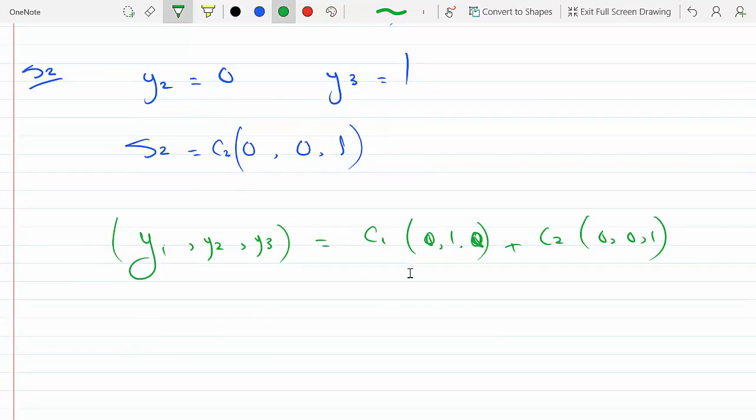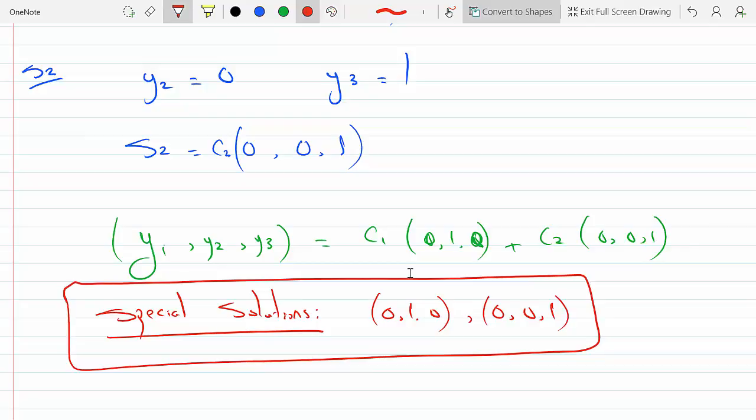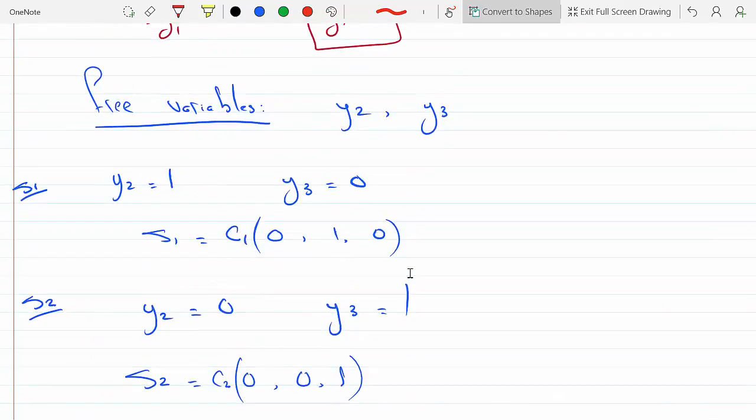And my special solutions are these two solutions here: 0, 1, 0 and 0, 0, 1. How are we doing, Ben?